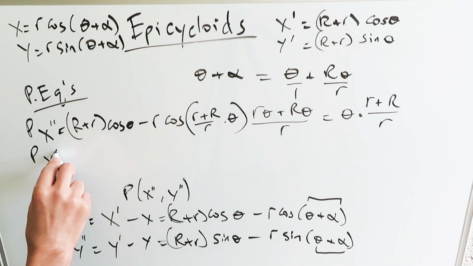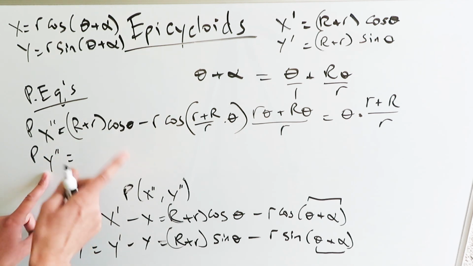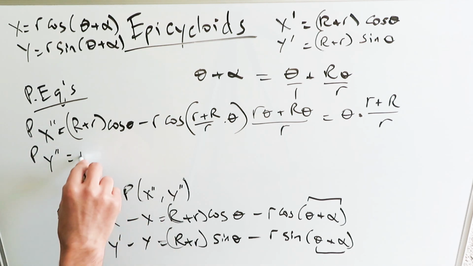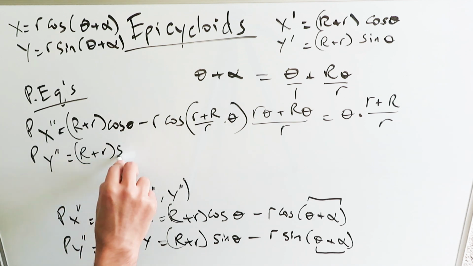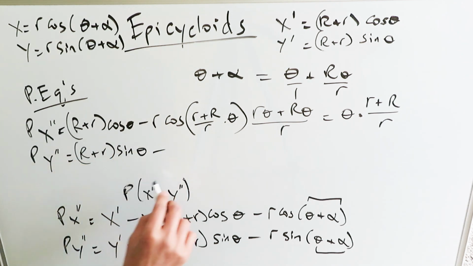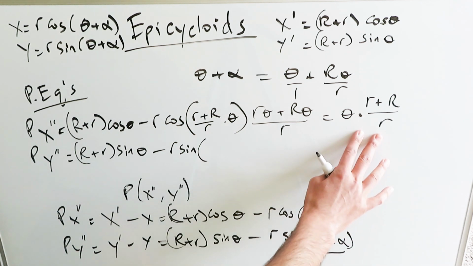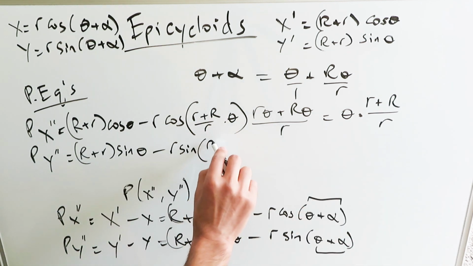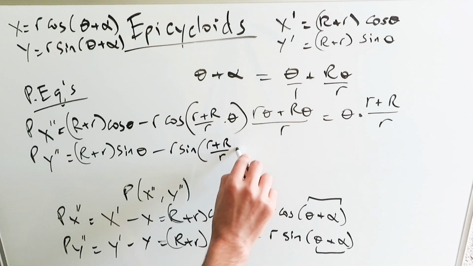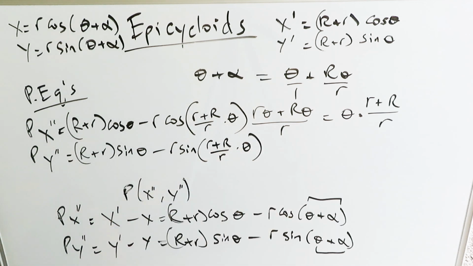The y value in terms of the parametric equations for that point which is tracing is this: R plus r sine theta minus r sine, and then bring it in here. The alpha is removed, everything is expressed with regards to theta, R plus r over r times theta. And these are your parametric equations, one right here and one right here.